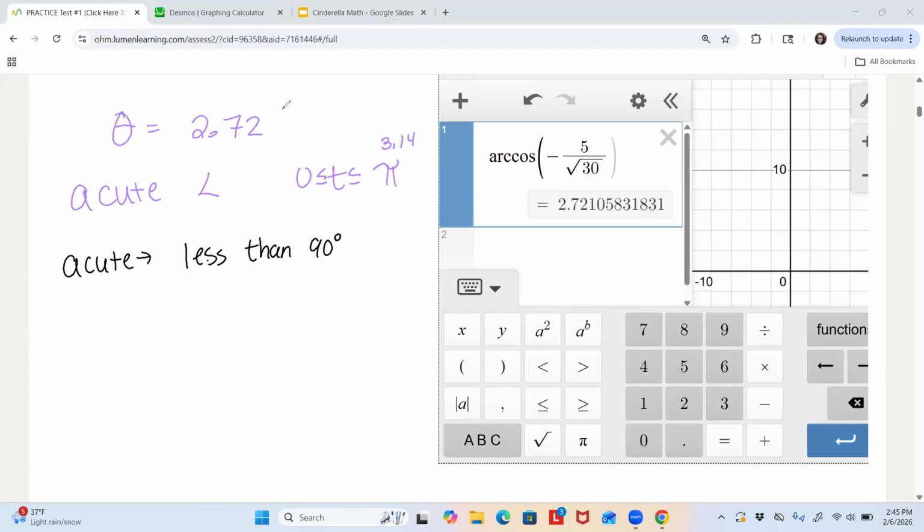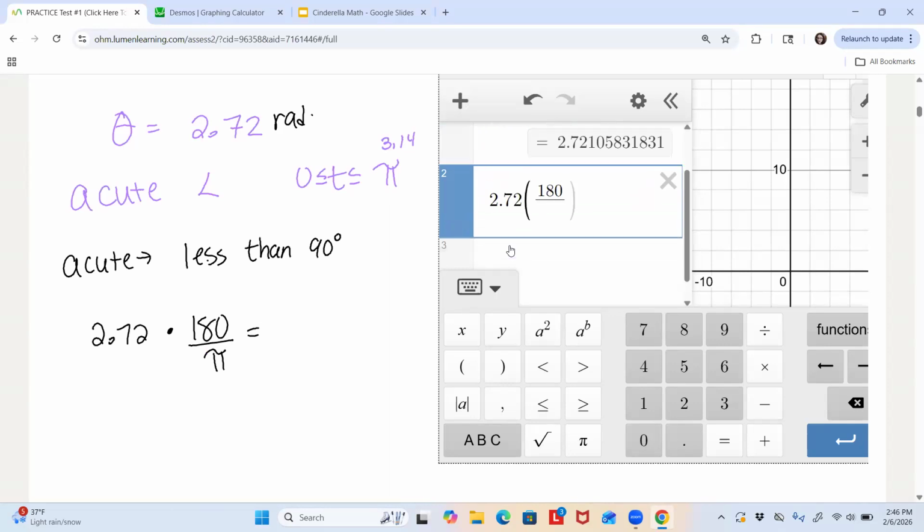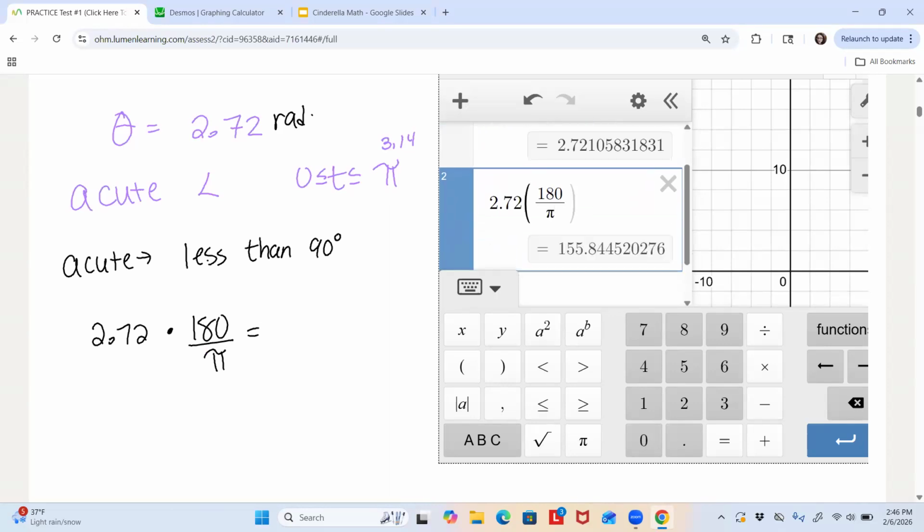If we turn this radians into degrees, you would do 2.72 times 180 over pi. That's how many degrees that is. That's not acute.